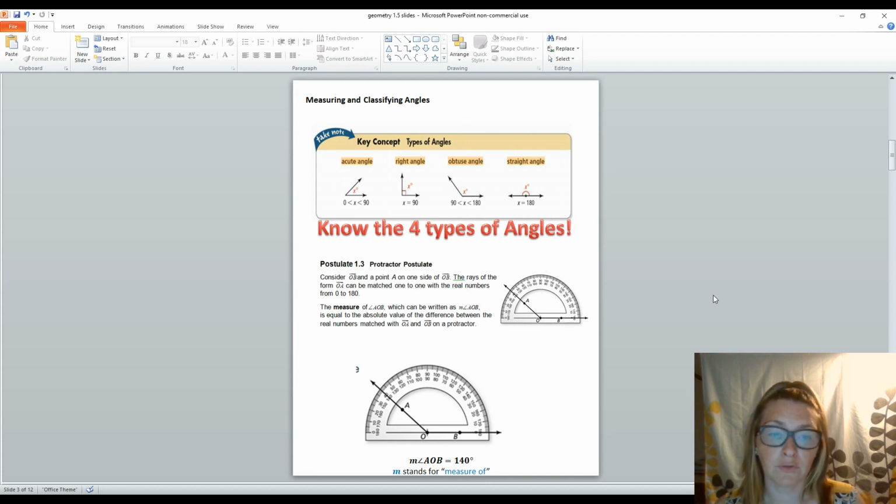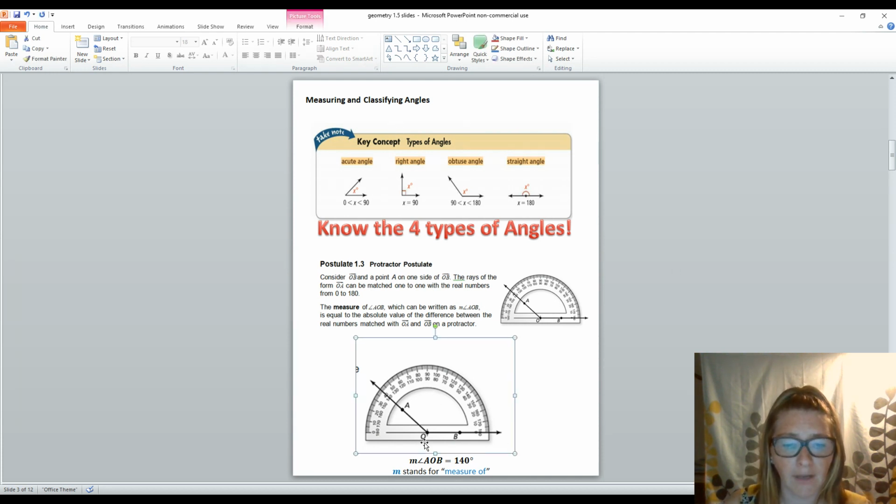All right, then we use a protractor to measure our angles. So when I look at my protractor, and I just took this picture and made it a little bit bigger, I can measure it. This angle opens up to the right, and since it's opening to the right, I'm looking at the lower numbers on my protractor because it starts with 0. So I start at 0 and I go all the way till I land on my next point.